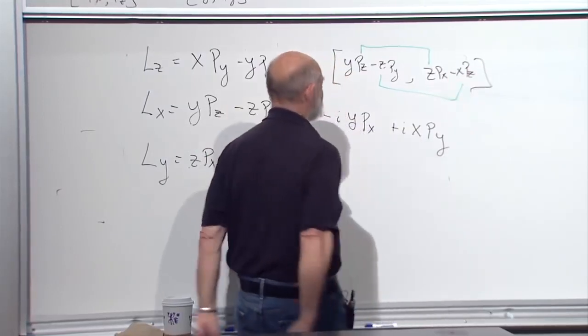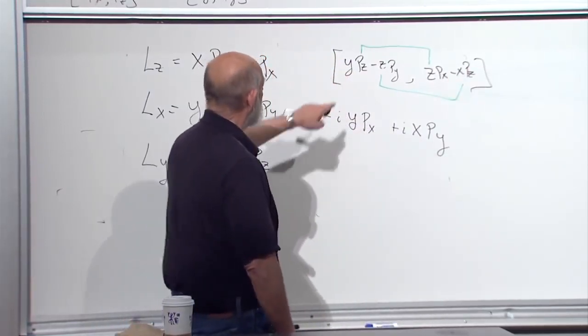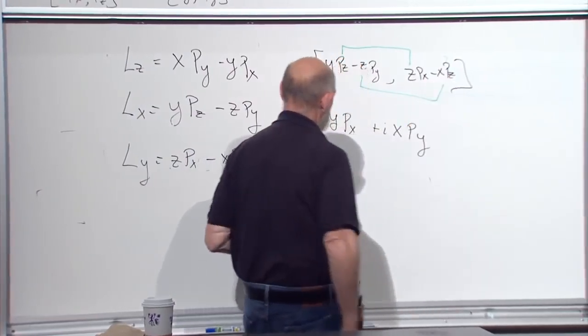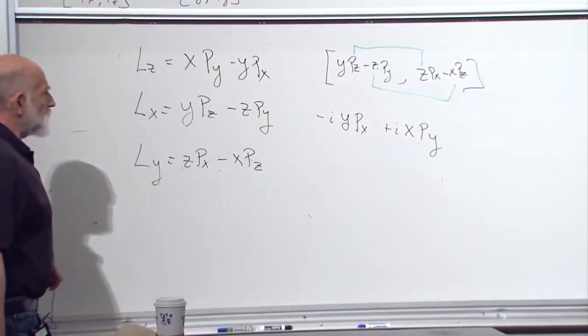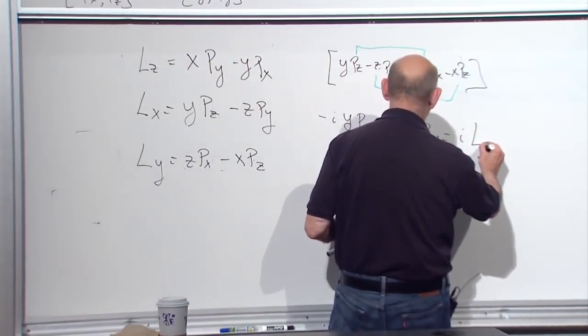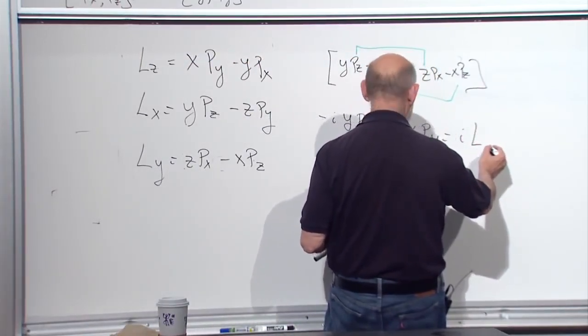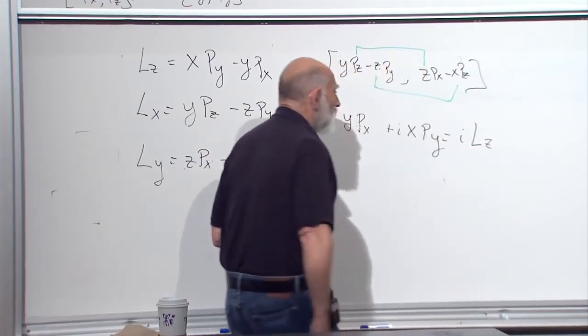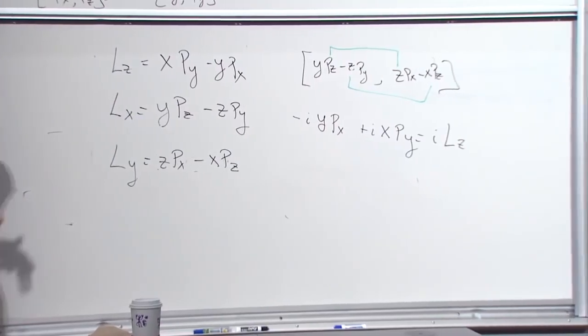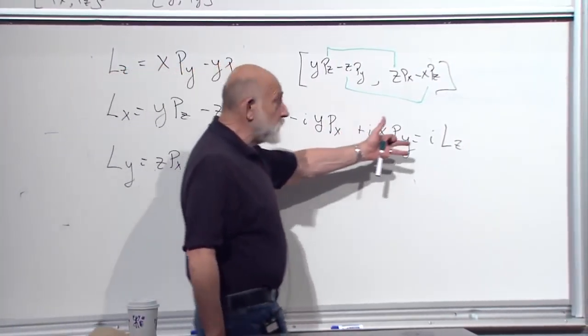X times py from here, which is our friend i times Lz. So this is an example of commuting generators and discovering new generators.